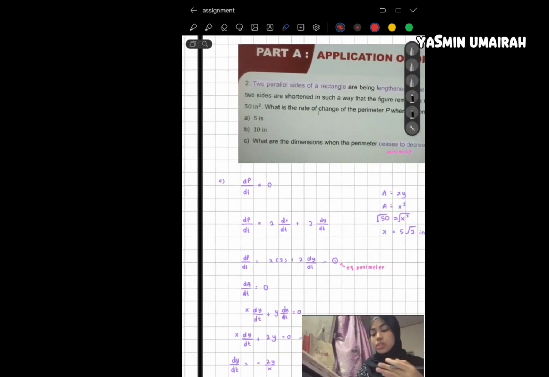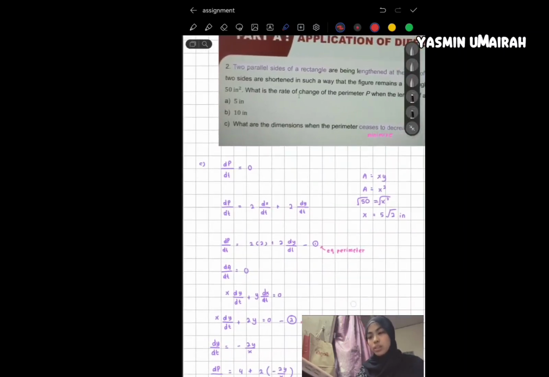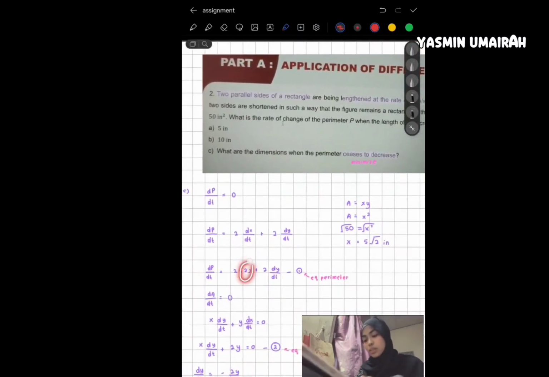So the same formula we use, which is 2 dx/dt plus 2 dy/dt, is the rate of change of perimeter. And the dx/dt we already know is 2 inches per second.